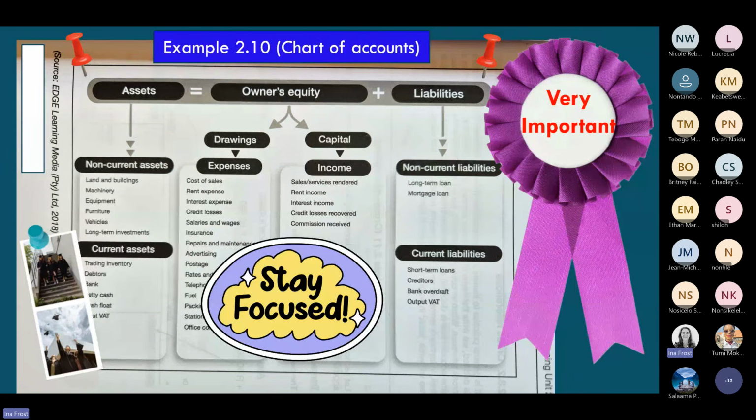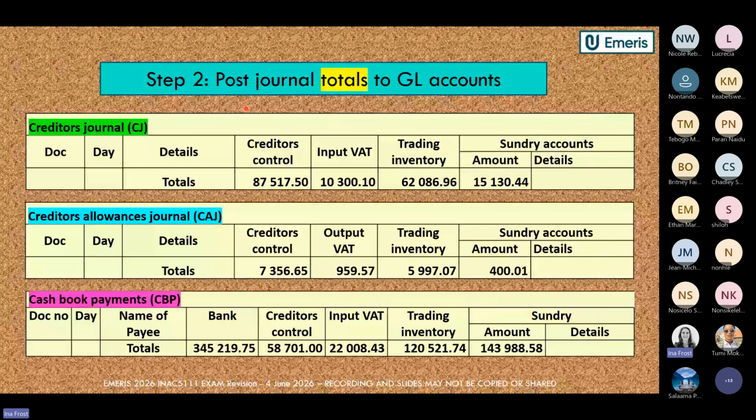So step number 1 for the creditors control account was to put in the opening balance. Now step number 2: we have to take our journals and post them to the general ledger. And remember earlier we said we're going to take the journal totals to post them to the general ledger. We've got 3 journals here: a creditors journal, a creditors allowances journal, and cash book payments.